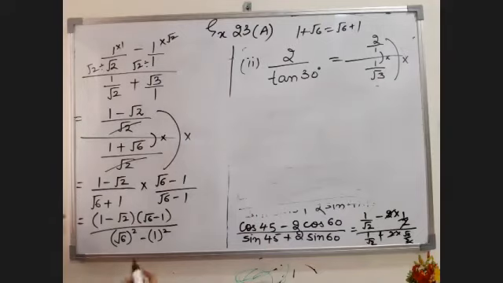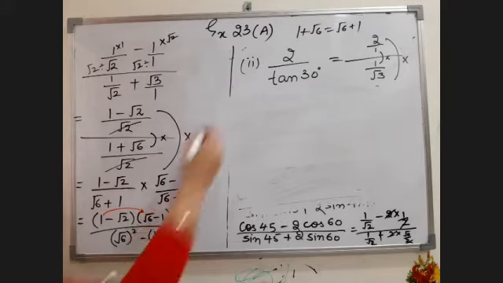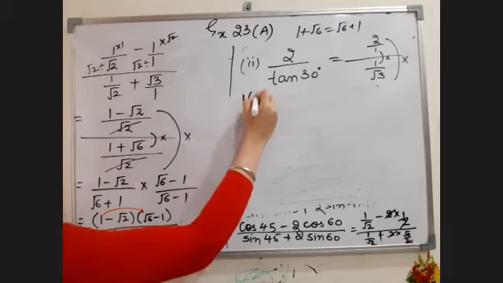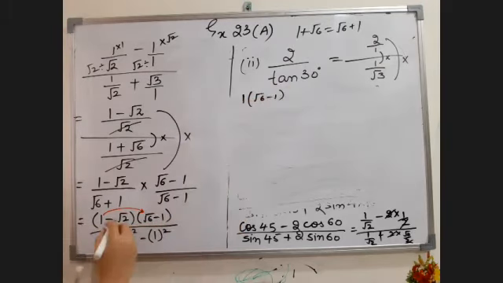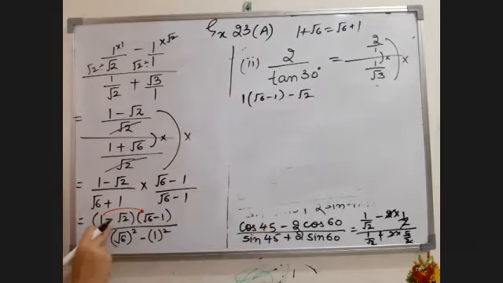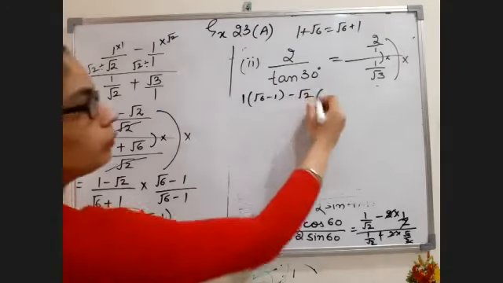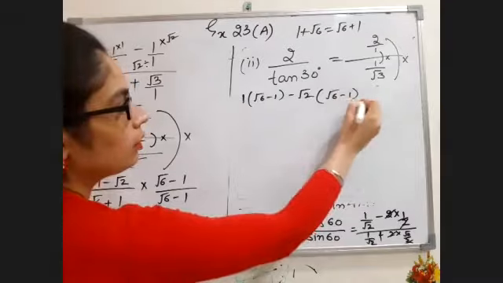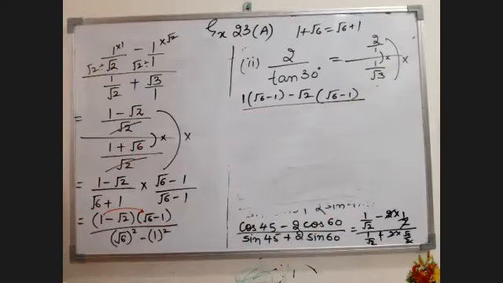Now this we can multiply. If two brackets are there, very carefully we have to multiply the first digit of the first bracket with the whole second bracket. So 1 into root 6 minus 1. Now the second digit of the first bracket, that is minus root 2, along with the sign, into root 6 minus 1. And in the denominator, what will I get?